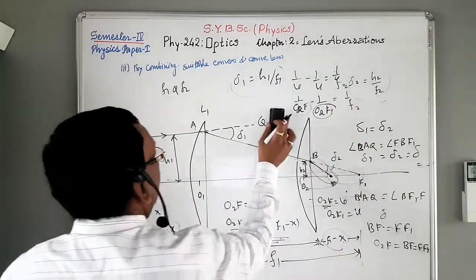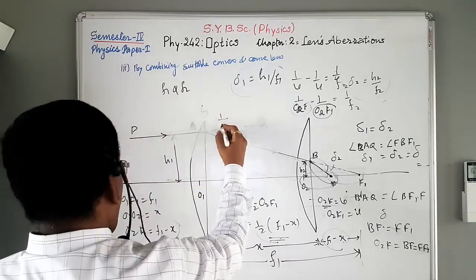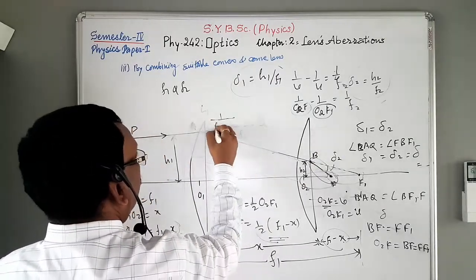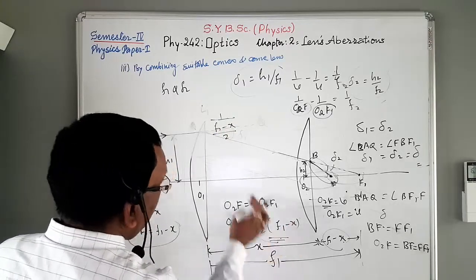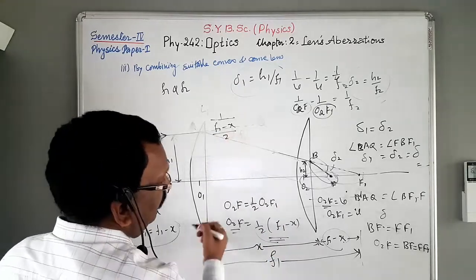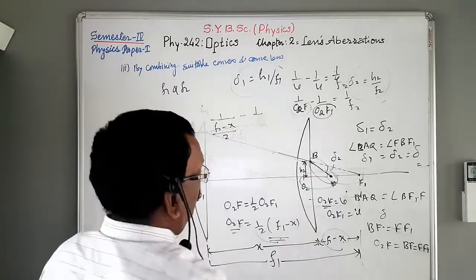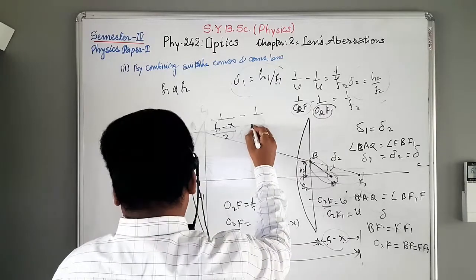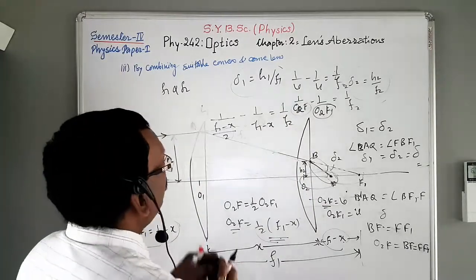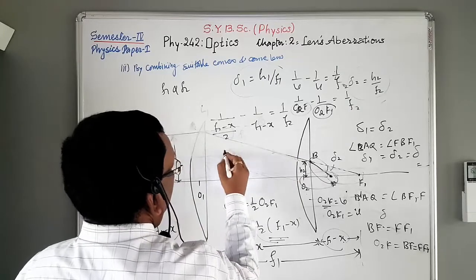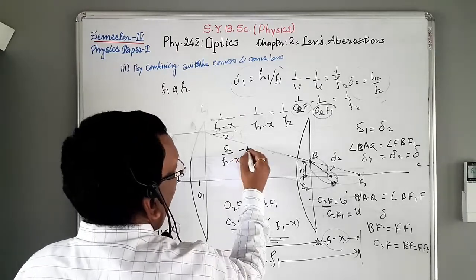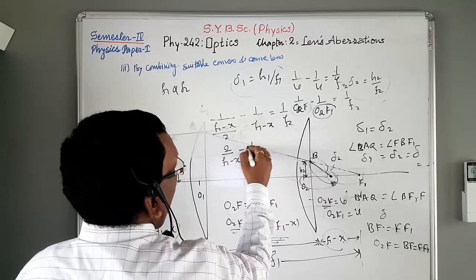After substituting, we get 1/2 (F1 minus X), or we can write 2 upon F1 minus X, minus 1 upon O2F1, whose value is F1 minus X, equal to 1 upon F2 as it is.